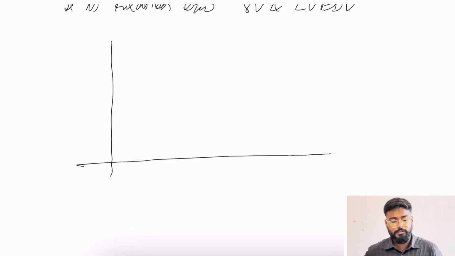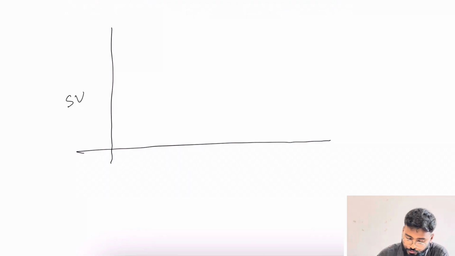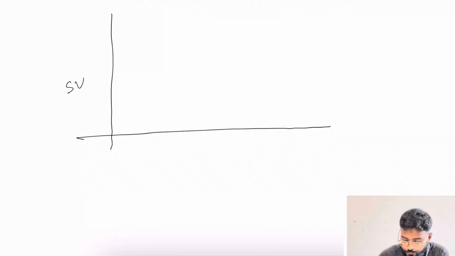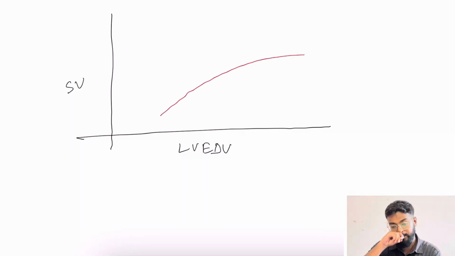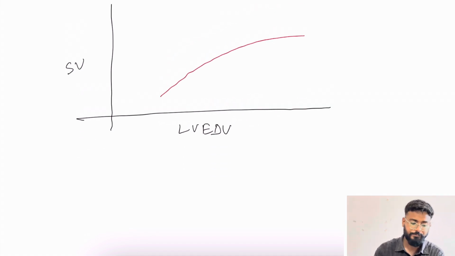You will understand this by a graph. This is your stroke volume and this is your left ventricular end diastolic volume. The plot is somewhat like this. How?